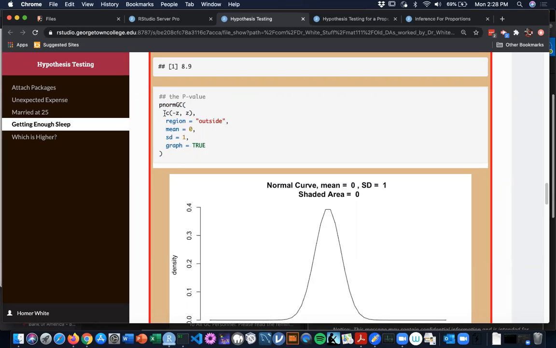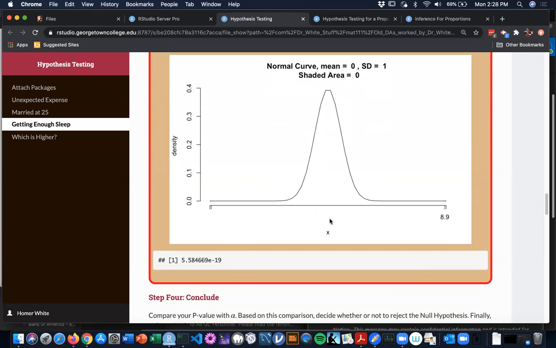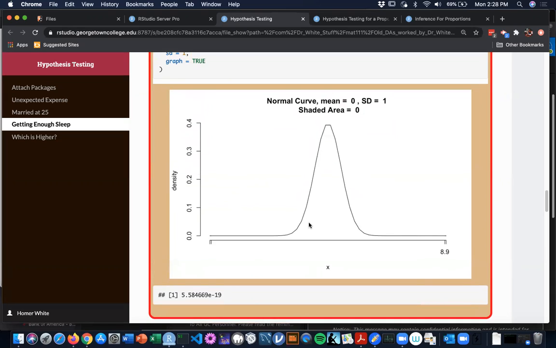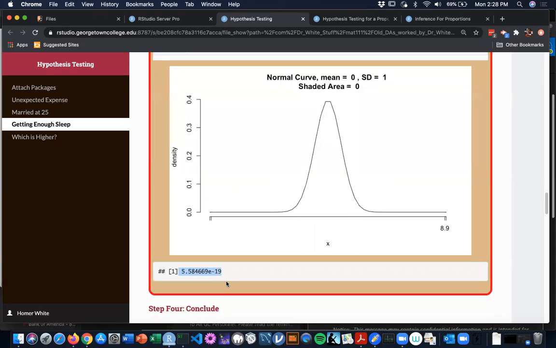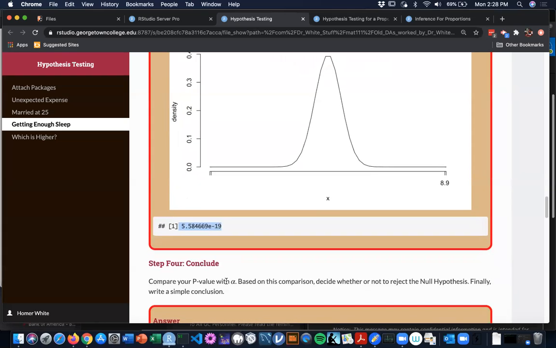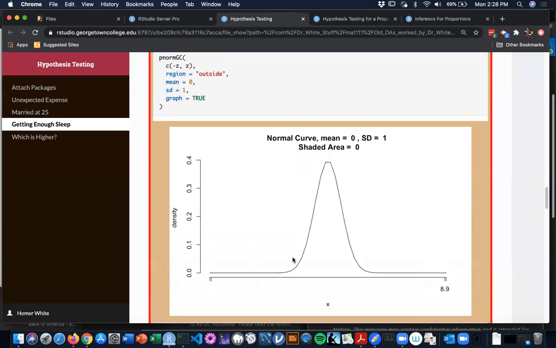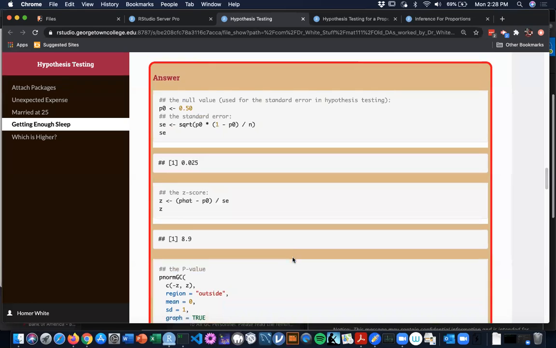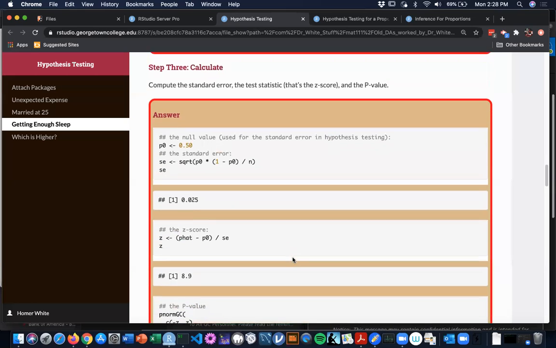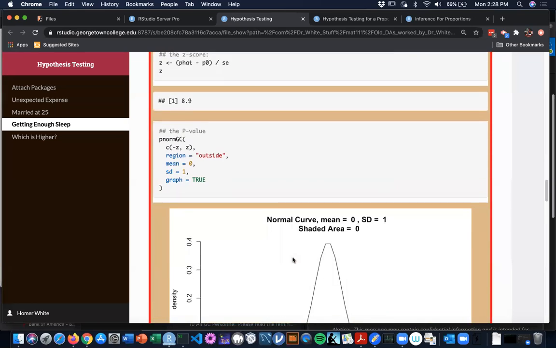So you look for the chance of getting outside the region from minus 8.9 to 8.9. And as you can see here, it's practically nothing. 0. More specifically, it's about 5.58 times 10 to the minus 19. Great. That's the 3 sub-steps of the calculate step. The standard error, the z-statistic, the p-value.